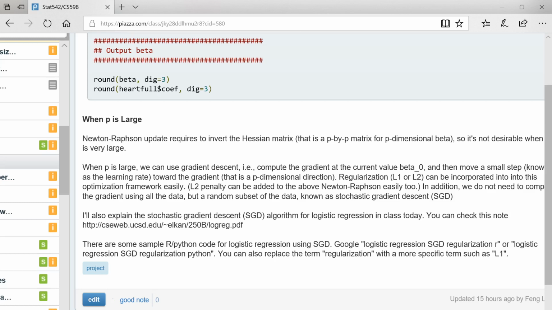That's your new beta value. Then calculate your gradient again and move a small step along that direction. That's the basic algorithm for a lot of machine learning today, like deep learning. They all just do gradient descent.